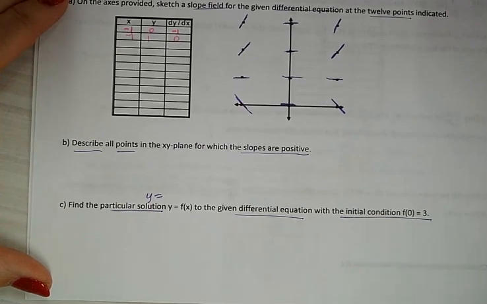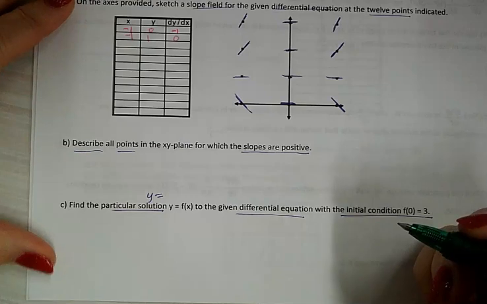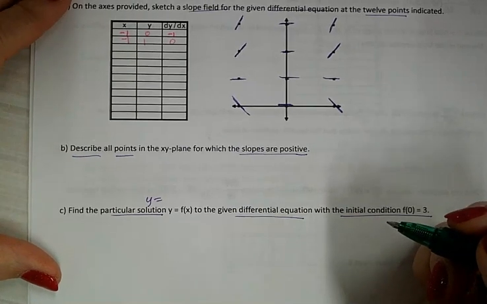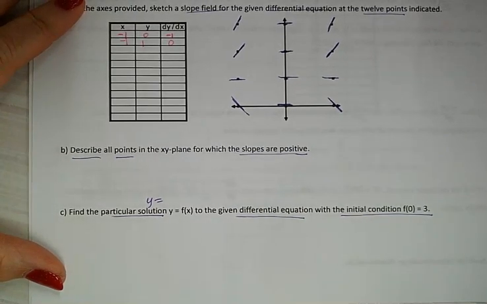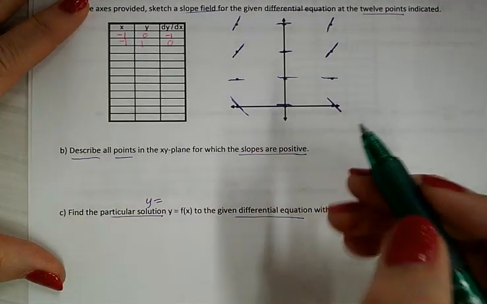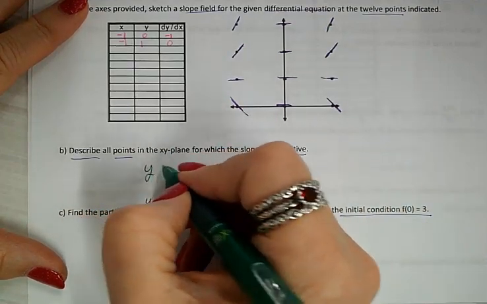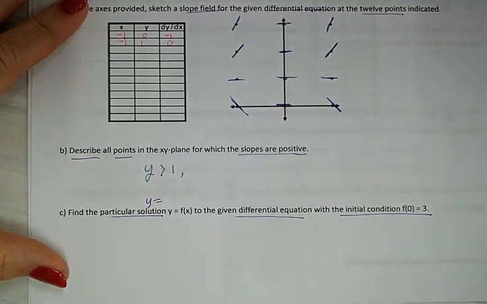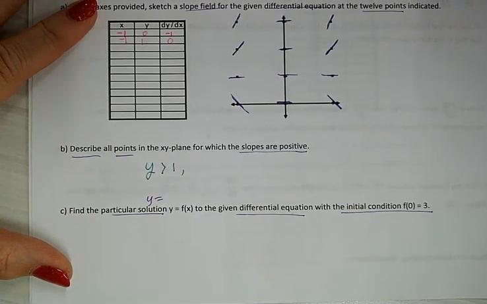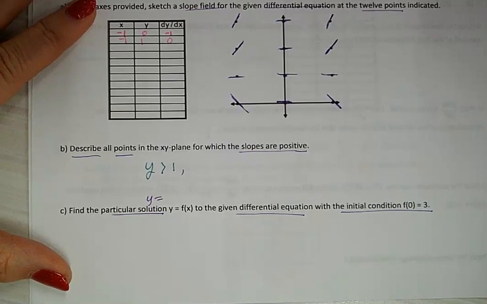So now we're going to move on to part B, where it says to describe all points in the xy plane for which the slopes are positive. So the first thing is, what's happening with the y's? What are the y's doing for the slopes to be positive? And hopefully you can see from the picture that the y's are greater than 1, which makes it positive. And then if that's true, what else has to be true? What's going on with the x's?